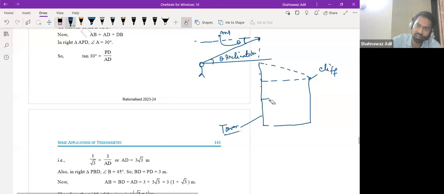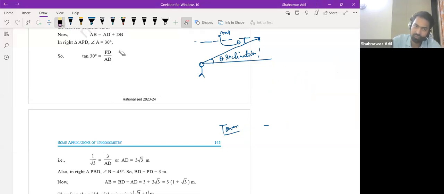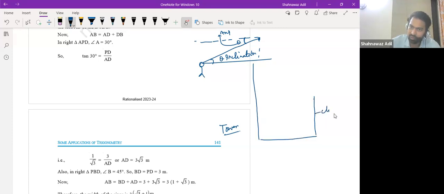So we have this cliff. Let me write. This is my cliff and the angle of elevation. This one is equal to the angle of depression, right.